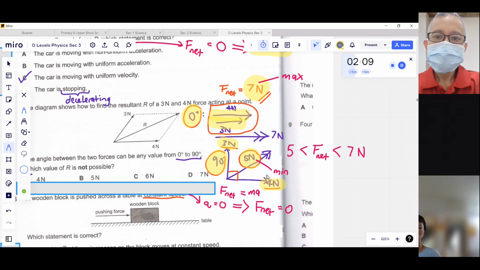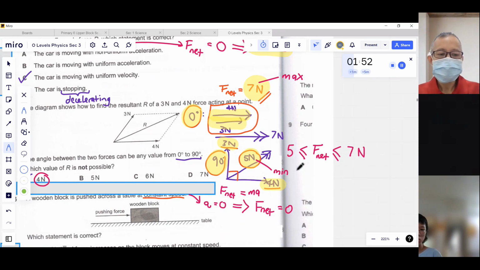So let me put in the inequality sign there as well. So the only value that's out of this range is 4. And 4 is outside 5 to 7.